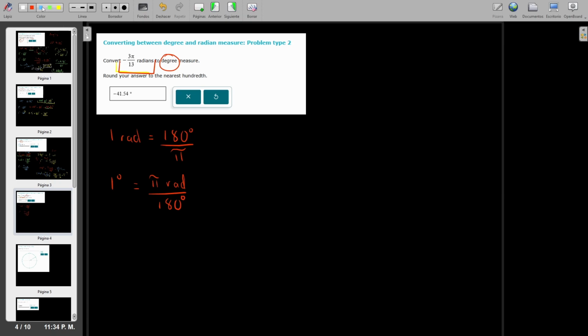Now we're going to do the same thing. In this case, we have minus 3 over 13 pi, and we need to know how many degrees it is equal to. We do not have the value in degrees, but we do know that this is radians, right? We know that 1 radian is equal to 180 degrees over pi.